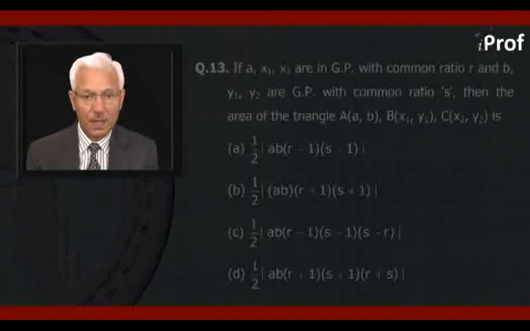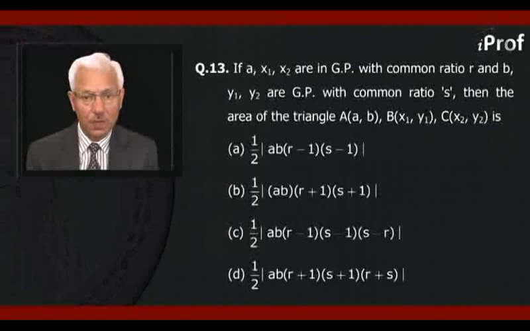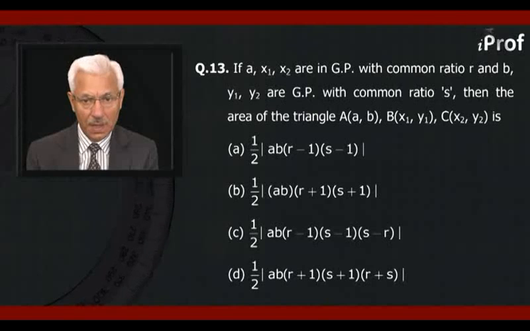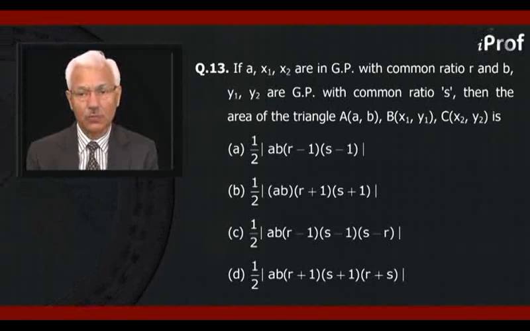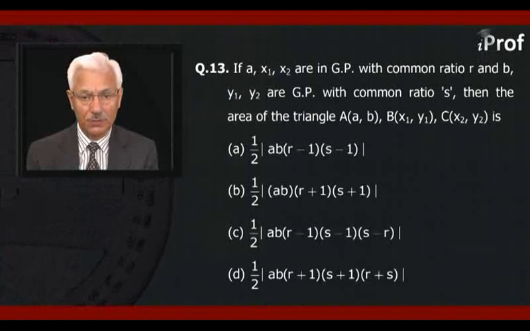If a, x1, x2 are in GP with common ratio R and b, y1, y2 are in GP with common ratio S, then the area of the triangle A(a, b), B(x1, y1), C(x2, y2) is: option A, half |ab(R - 1)(S - 1)|.